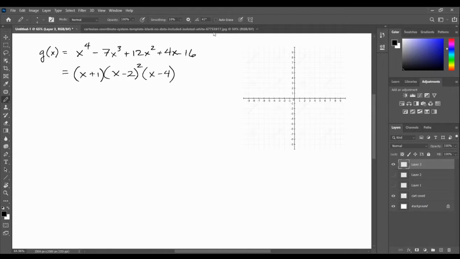So our leading term test tells us that the graph, because it's a 4th degree, an even degree, I expect both ends of the graph to go the same direction. Because it's positive, they'll both go up. So something like this. Looking at our zeros, we're going to set this equation equal to 0, so each factor equals 0.